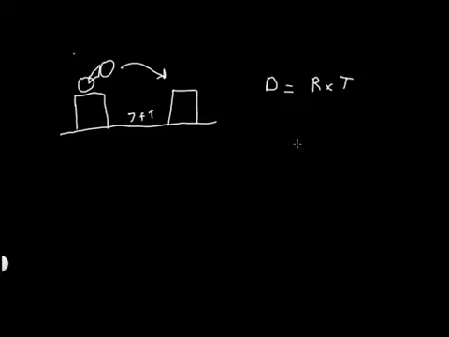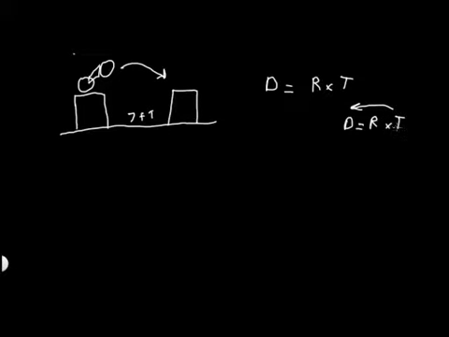And then you were asked to find other variables, like the r or the t, in terms of the variables. So if you wanted to find r, you would start with d equals r times t, and in order to get the t over to the other side, you would do the opposite operation.